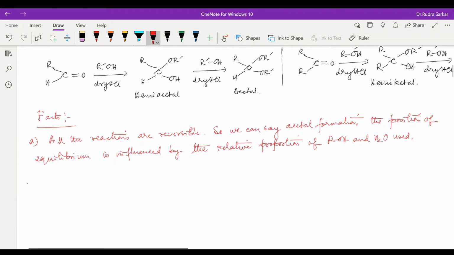If ROH is in excess, the reaction will go in the forward direction. If the concentration of water increases, then it will go in the backward direction.